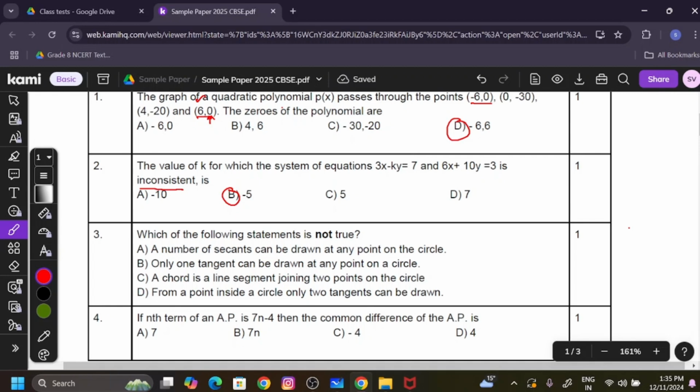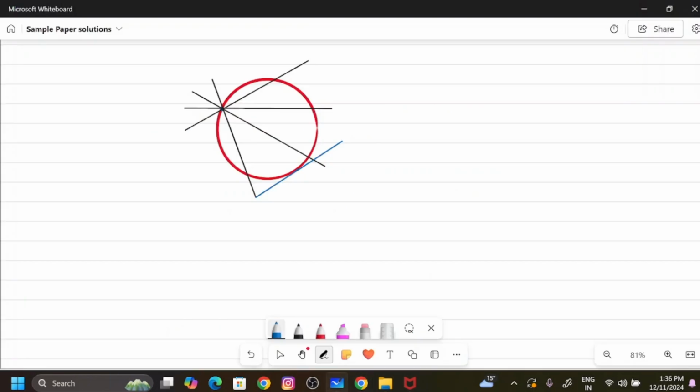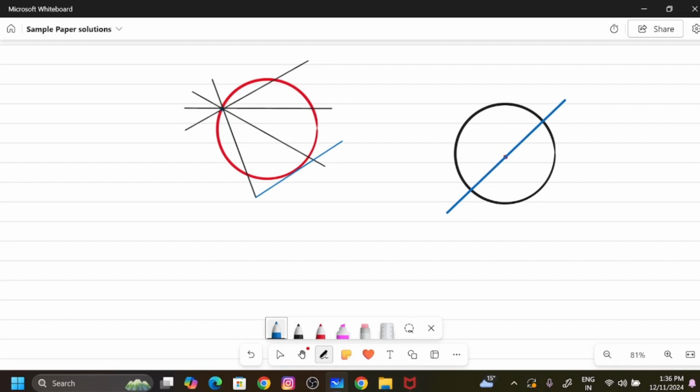From a point inside a circle, only 2 tangents can be drawn. If you have a circle and a point is inside, can you draw any tangents passing through that? If you try to draw a line passing through this point, we can never draw a tangent, because it intersects in 2 points.